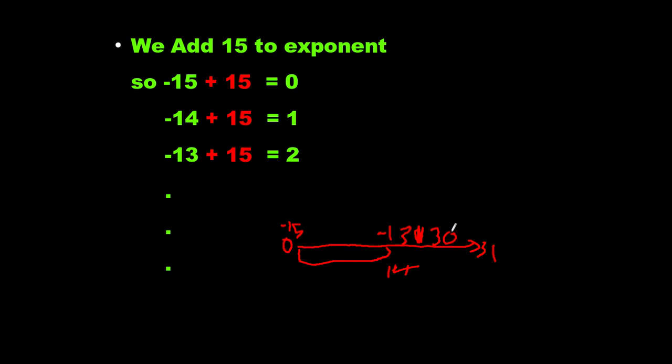Oh no, sorry. The 31 is 16, 30 is 15, and what about those? What's 15? 15 is 0. I took it the other way around, so this is 0.